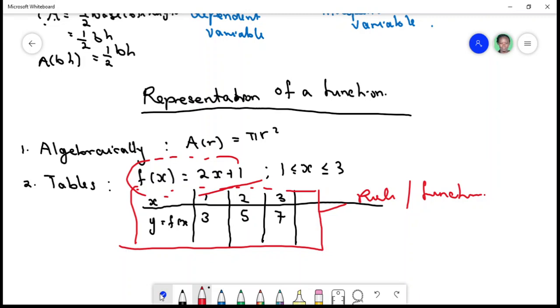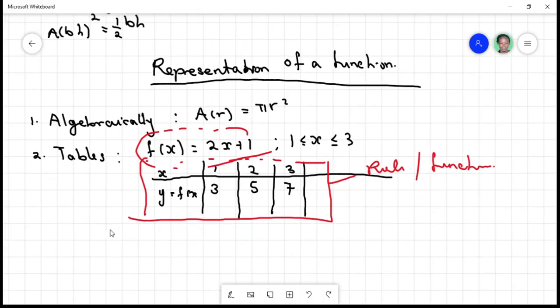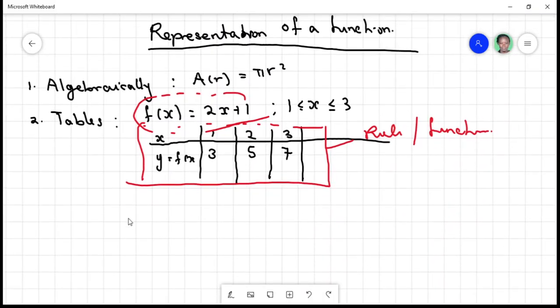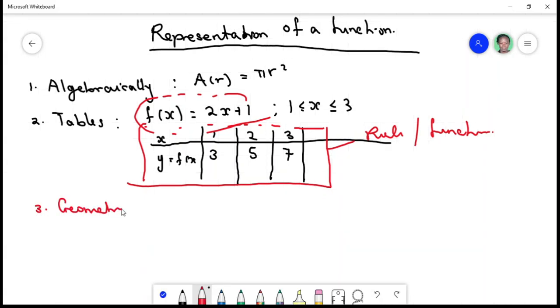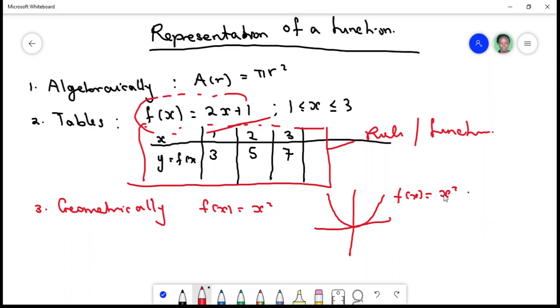You can also look at it in a graphical form, that's geometrically, by graphs. Just like f of x equals x squared, if you sketch it, you know that this function f of x is equal to x squared.